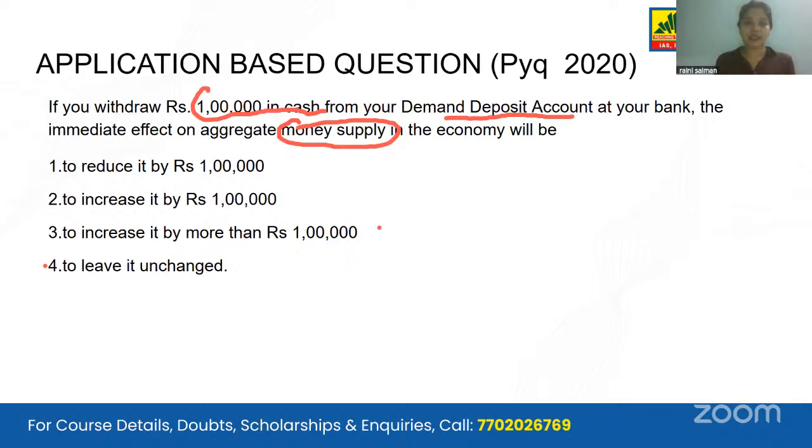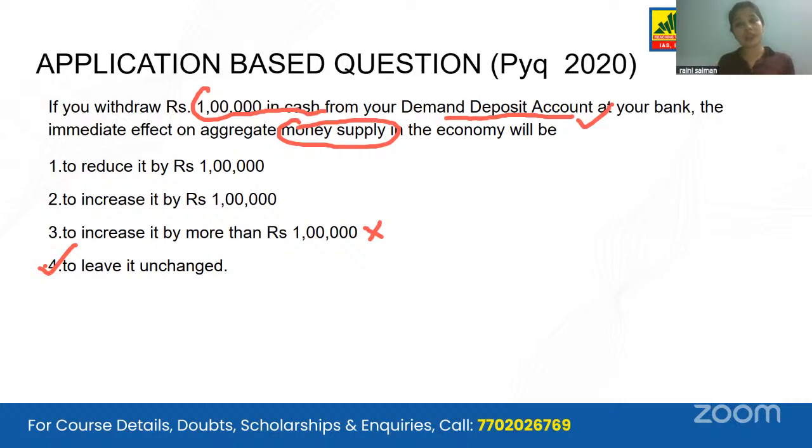That will not happen at all. This is something you can think if you have read the basics of economy. This will not be there, and so it is left unchanged. So what do you think? Again, the answer is 4 because, my dear friends, when we are keeping money in demand deposit, money is already there in the money supply chain. It is there in your account.